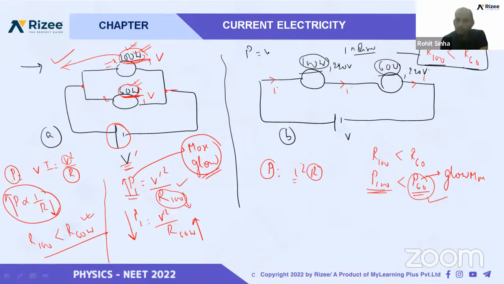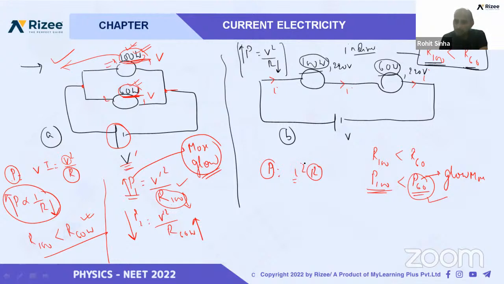We know P is equal to V square by R during their making, when they are manufactured. What happened? More power means less resistance. Like this I have written: more power, less resistance.